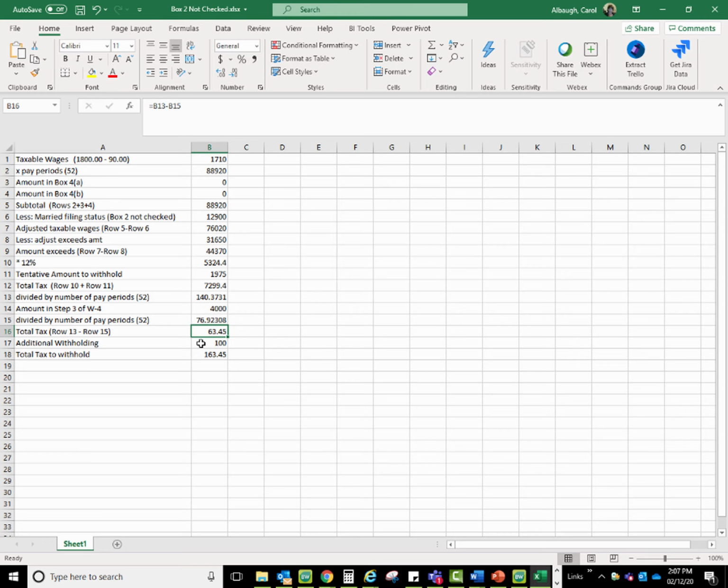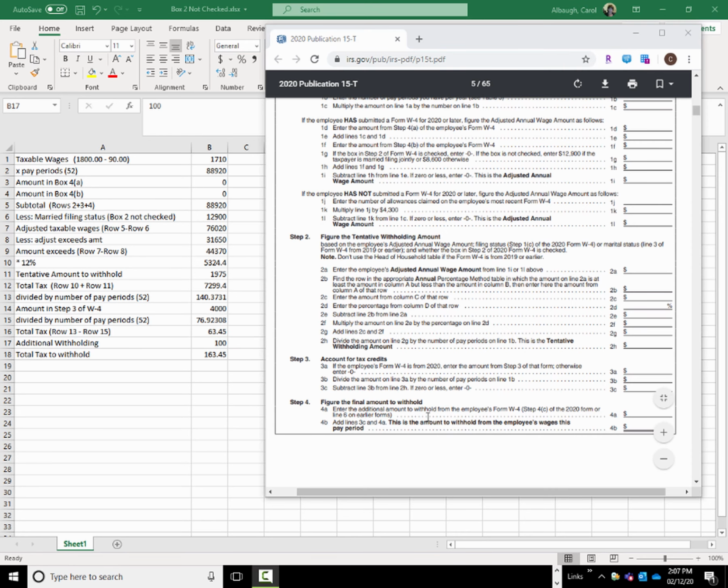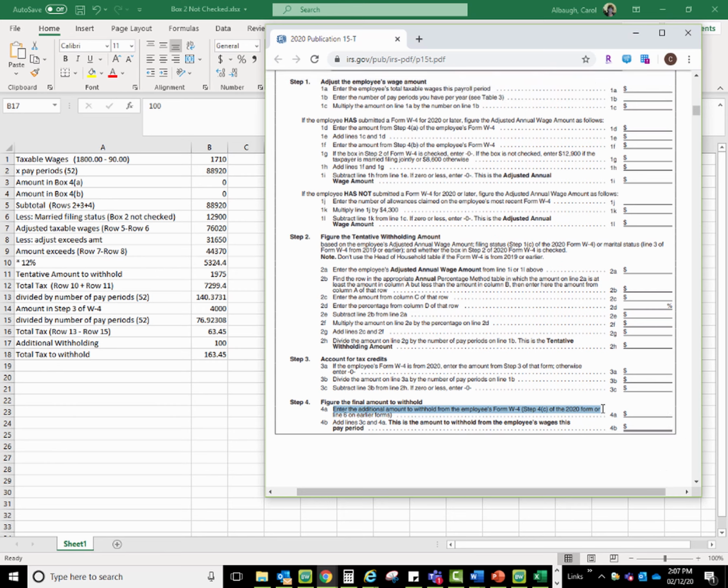This employee then requested an additional withholding of $100. Let's bring up our worksheet again, and we'll see that after we have taken the credits, we now have to figure the final amount to withhold. So here we enter any additional amount to withhold from the employee's Form W-4 that they entered in box 4C.